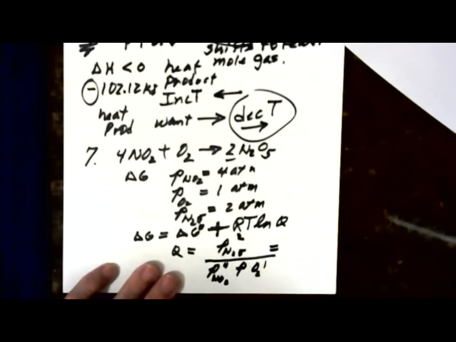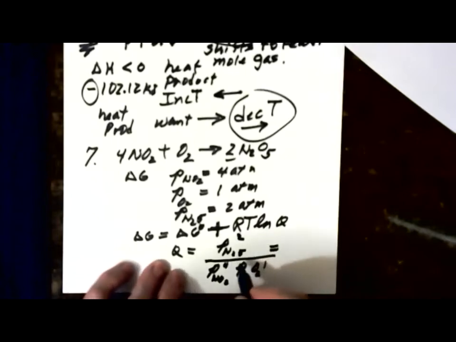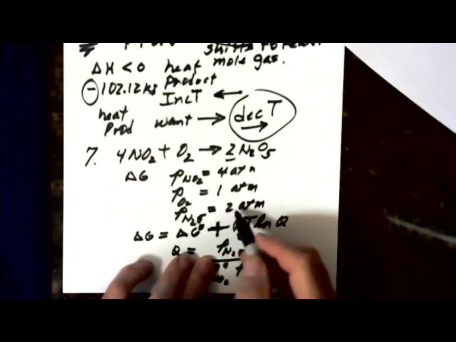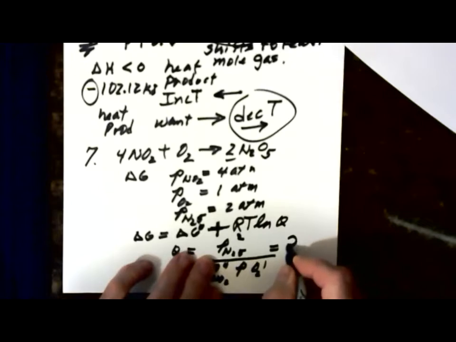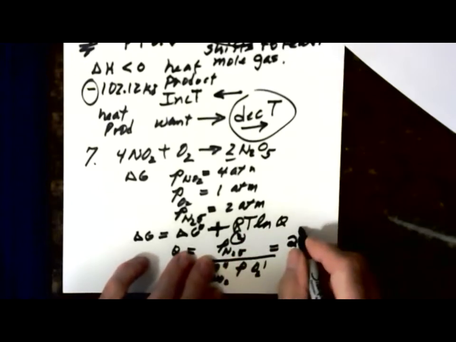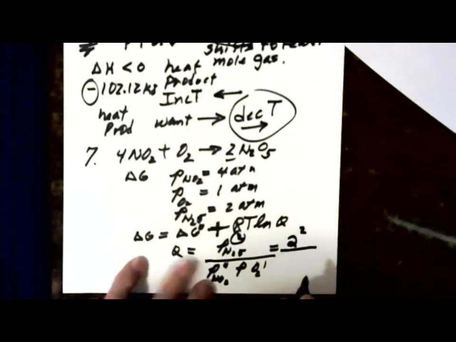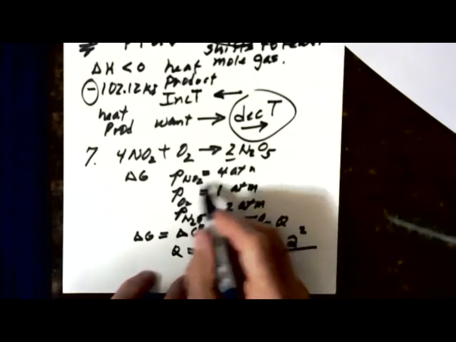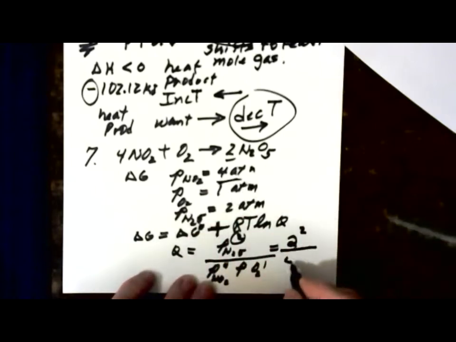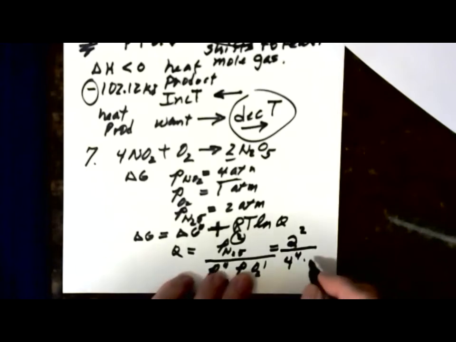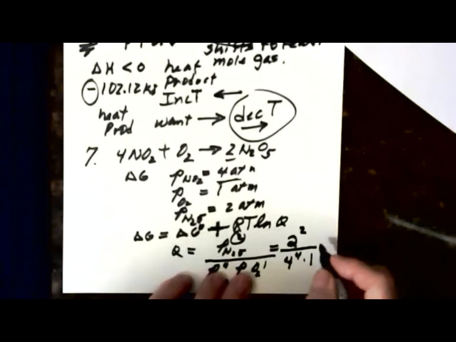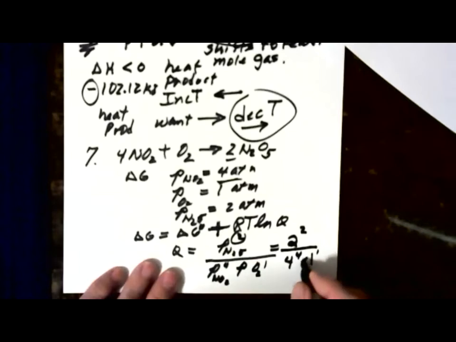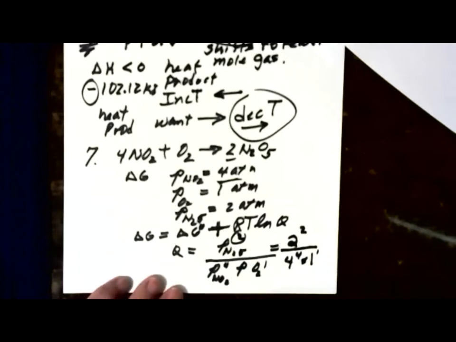Well, we can put the numbers in. The pressure of N2O5 was 2 atmospheres. So that's going to be 2 atmospheres squared, over the pressure of NO2, which was 4 atmospheres, raised to the 4th power, and the pressure of the O2 was 1 atmosphere raised to the 1st power. Okay, so I can do that math, can I?